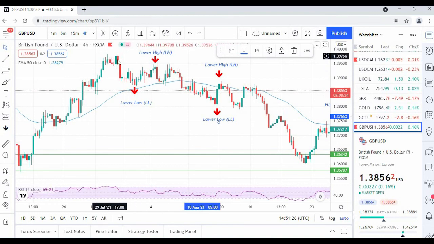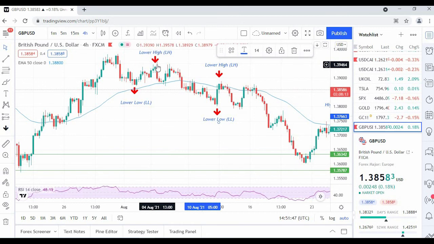So the market is moving in a downward direction, right, creating first one lower low, then it moves back up, creating a lower high, right, which is lower than the highest point, right?